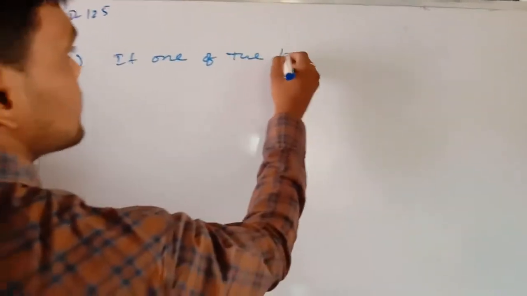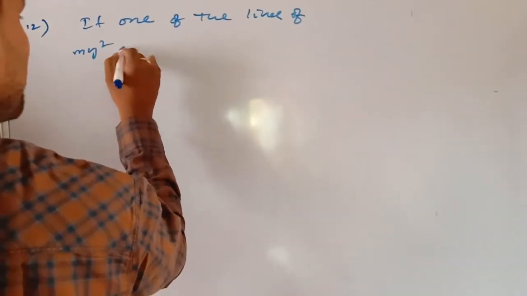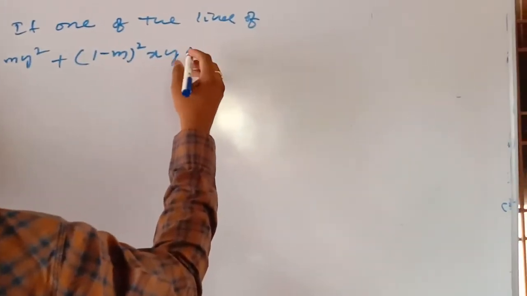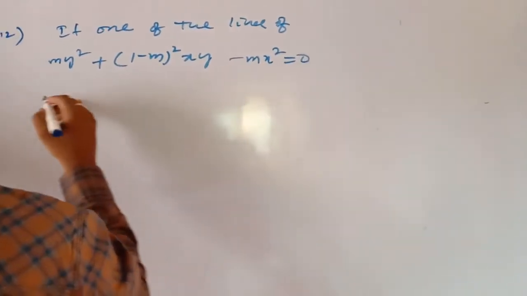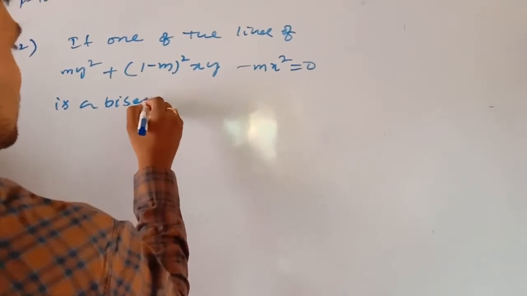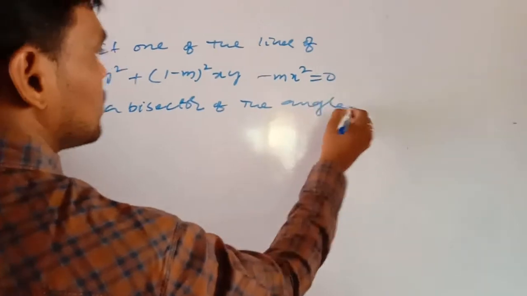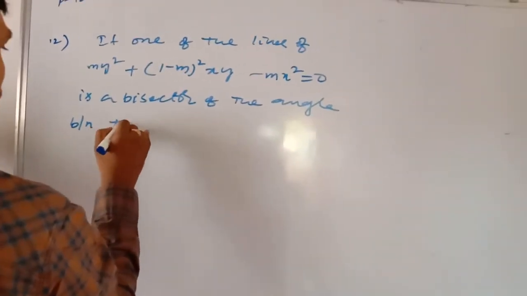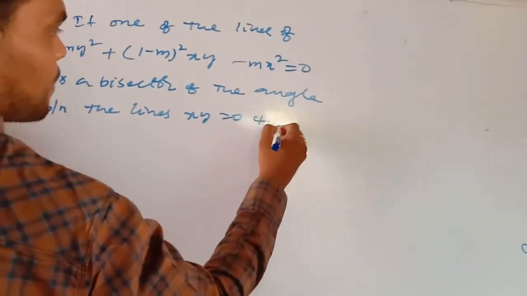One of the lines of (m² + 1 − m)² ... that is, one of the lines of the equation (m² + (1 − m)²)xy − mx² = 0 is a bisector of the angle between the lines xy = 0, then m is.